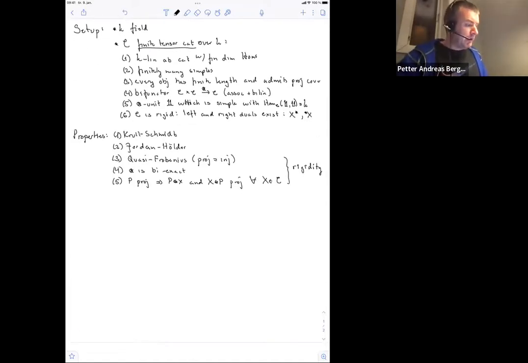A typical example, or maybe the most typical example, is when C is the module category of a group algebra. Finitely generated modules over the group algebra of a finite group.